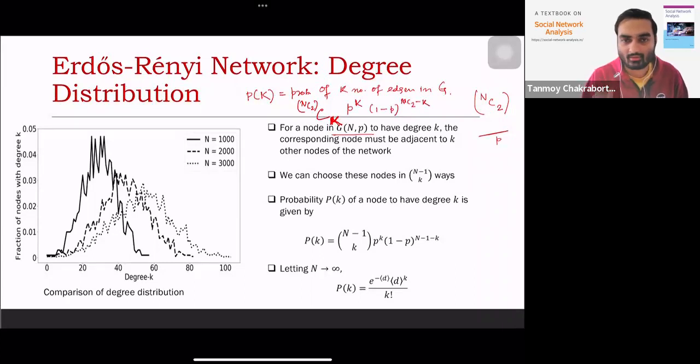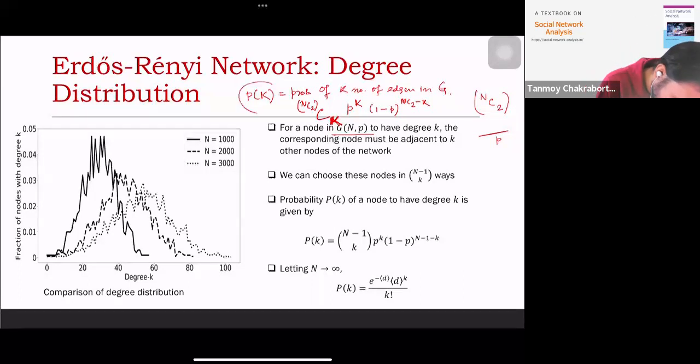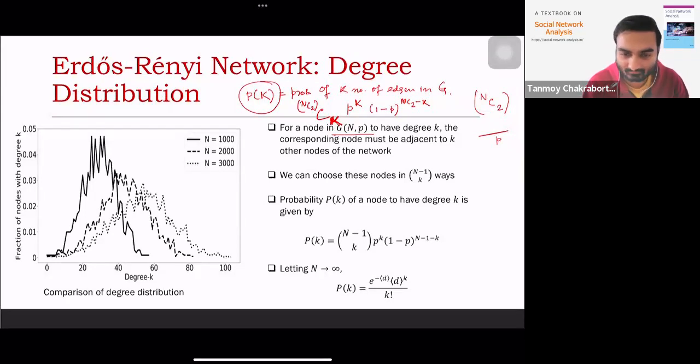You have total sample size NC2. Out of that, you choose k. Now k is your success, and your success probability is P, so it is P power k. The failure probability is 1 minus P, and the number of failures is NC2 minus k. So this is the probability that k edges are present in this random graph.